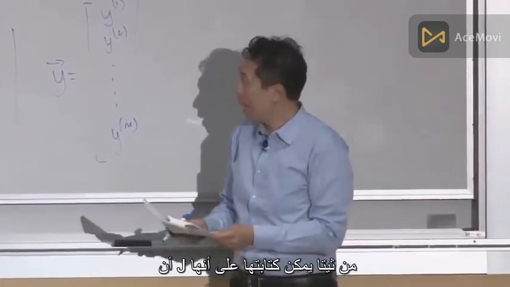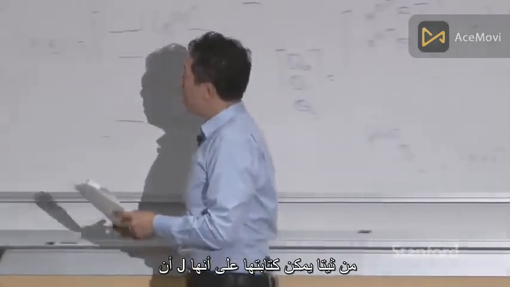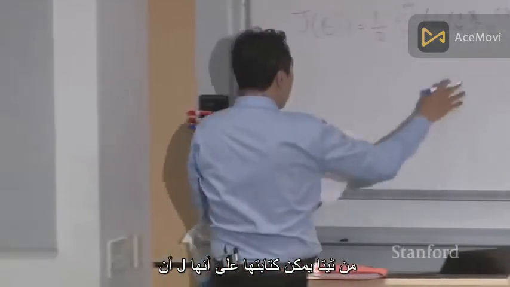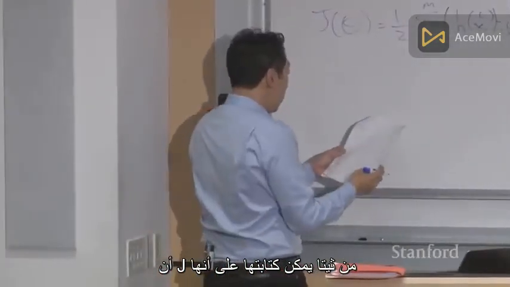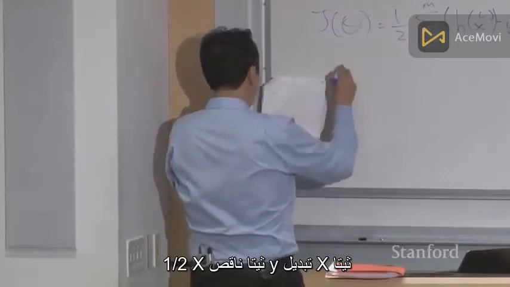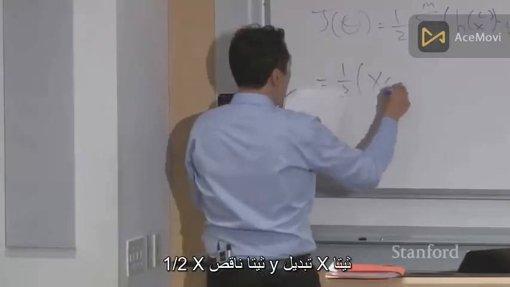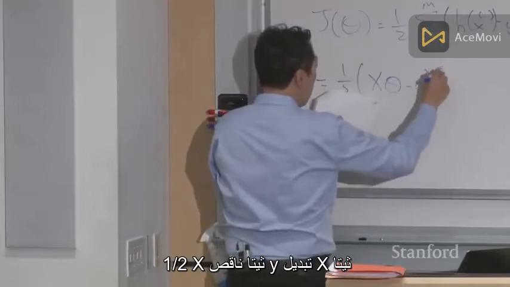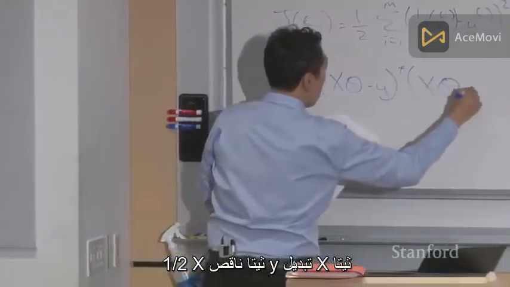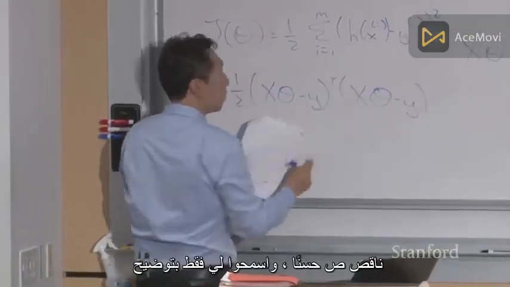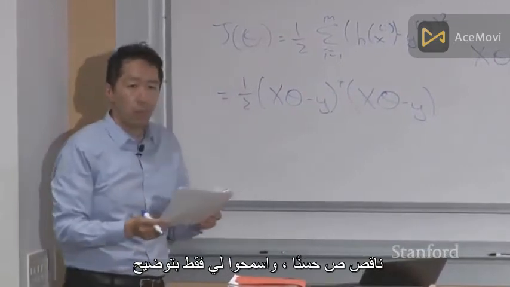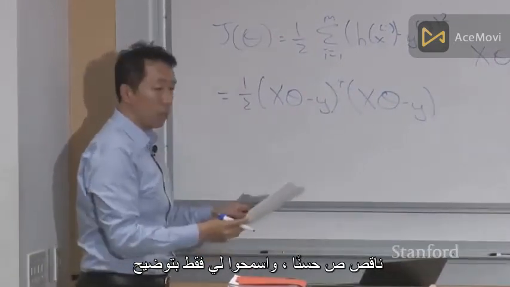It turns out that J of theta can then be written as 1/2 of (X theta minus y) transpose times (X theta minus y). Okay?